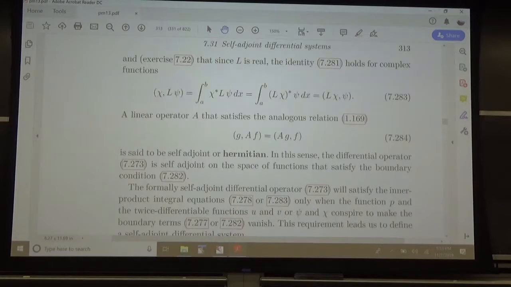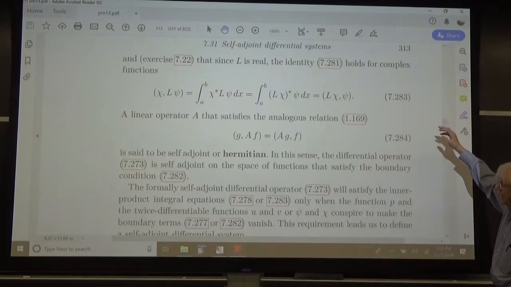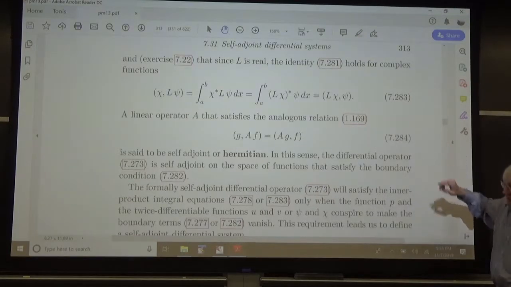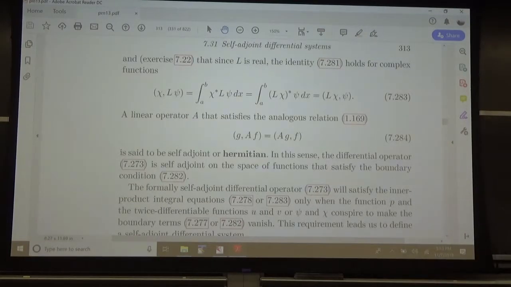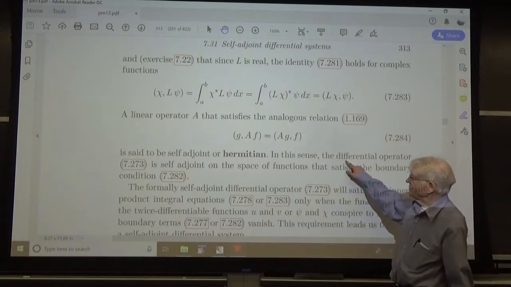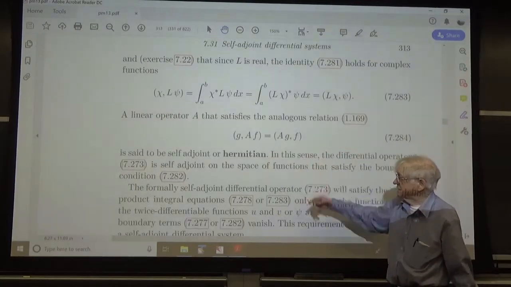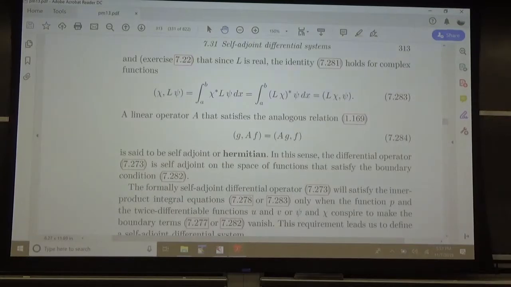And so that's why we call the differential operator that I wrote down before, minus p u prime prime plus q u plus, self-adjoint or Hermitian.